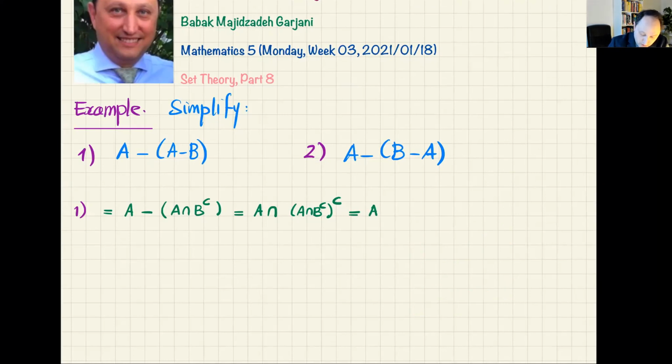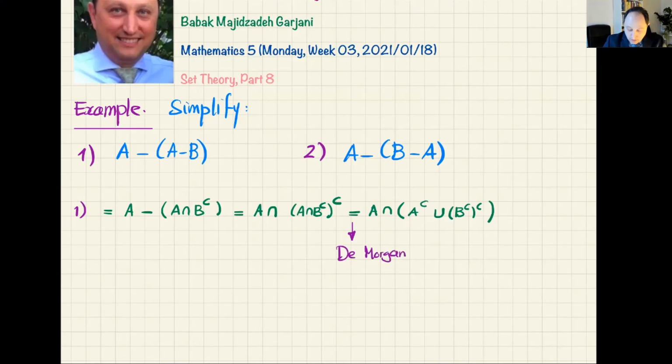So you can write A intersection, you open a pair of brackets, you write the complement of the first one. If I want to write all the details, let me write all the details. And then I need to complement this. So this is De Morgan, yes. And then we know another property that the complement of a complement is the same set. So this becomes A intersection A complement union B.